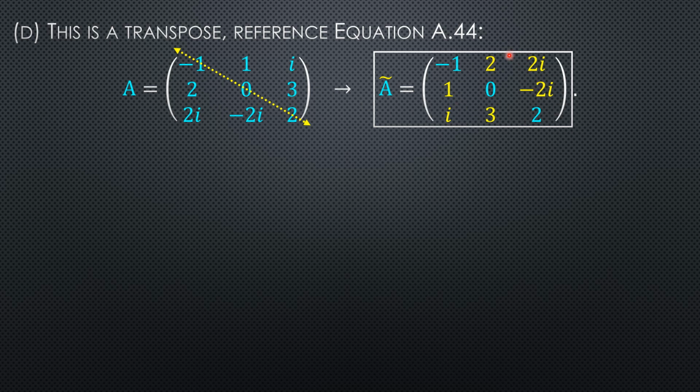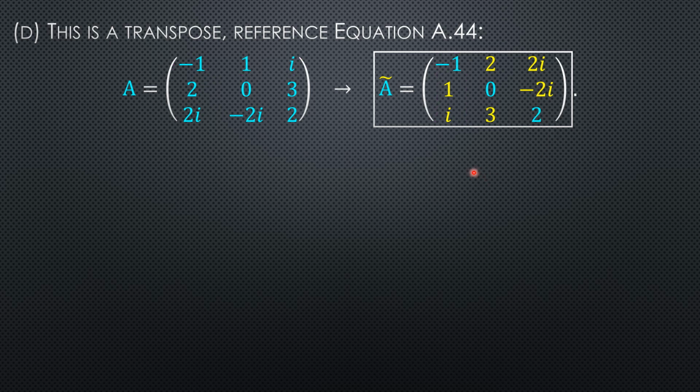We see highlighted in yellow the elements that change over. A different perspective that might help is that we're transforming this row vector into this column vector. And if we look at that 2, 0, 3, 2i, negative 2i, either perspective you want to look at, this is what it's doing.